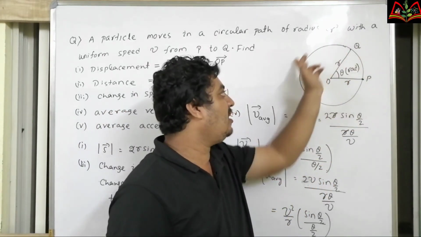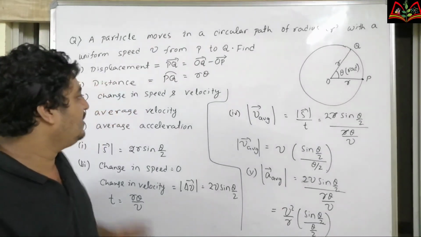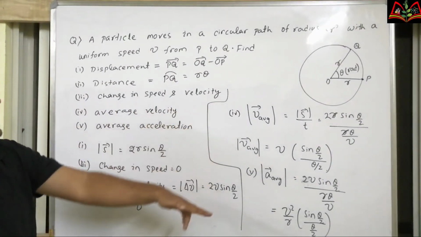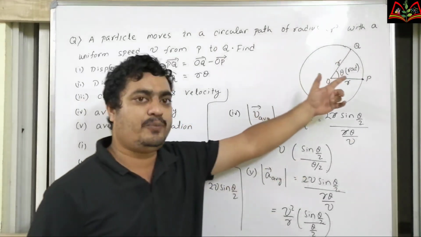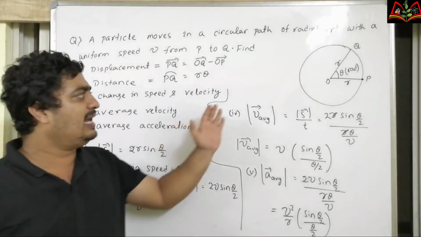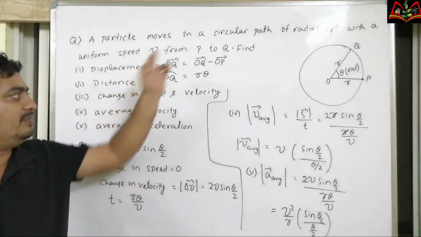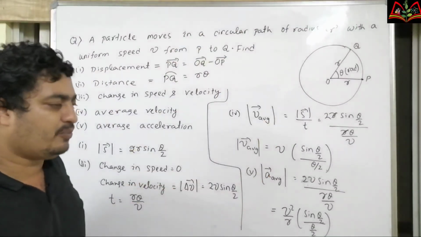If the particle covers complete circle, then theta equal to 2 pi. By putting, you can calculate every value. If theta equal to 60 degree, then you can put theta equal to pi by 3. Like that, you can calculate every answer from this question. So remember this as a formula.